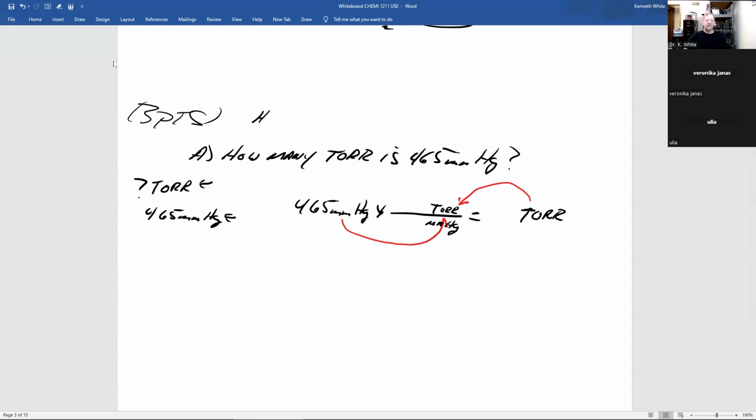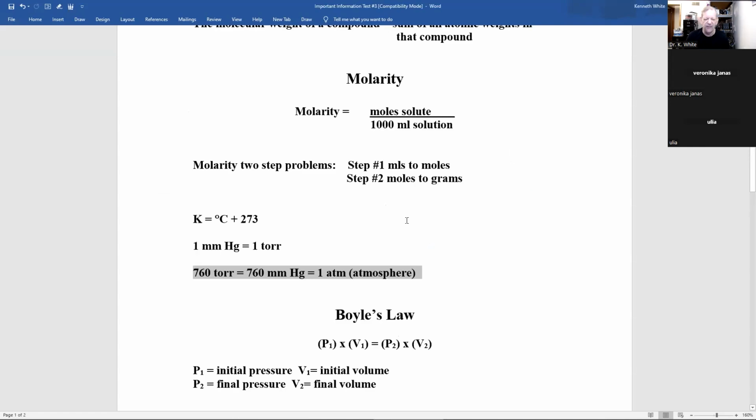And where do I get these numbers? Well, you look at important information, test number 3. Remember, this is material we're covering now for test number 3. And 1 millimeter of mercury equals 1 torr, or really, I'm not going to have this on there. What I will have is this: 760 torr equals 760 millimeters of mercury equals 1 atmosphere.